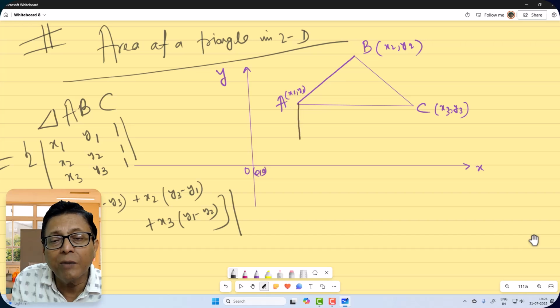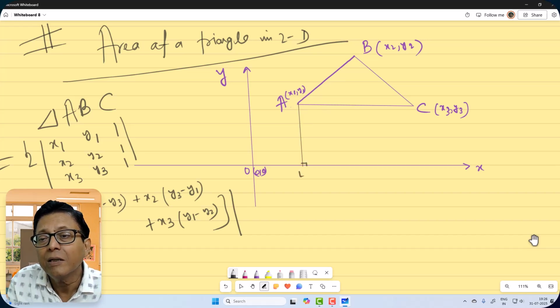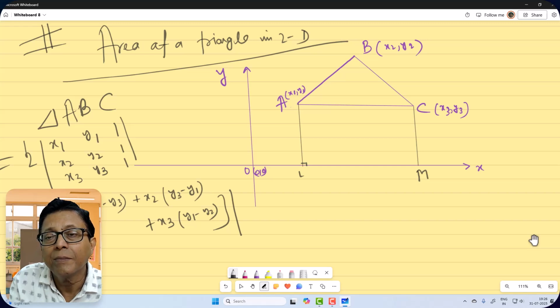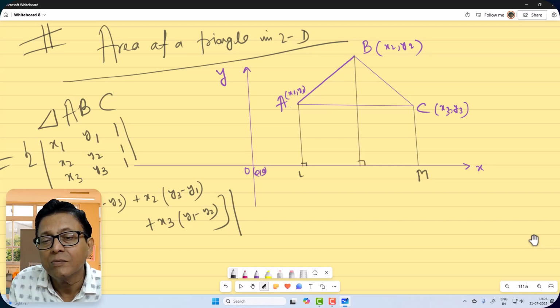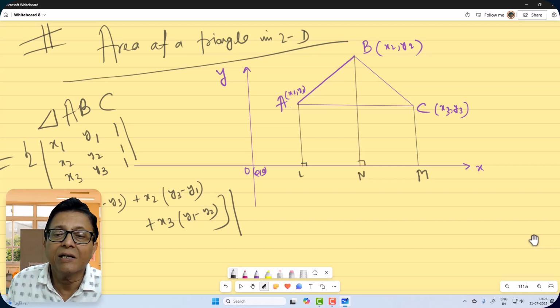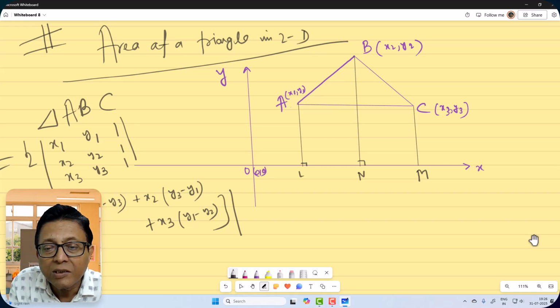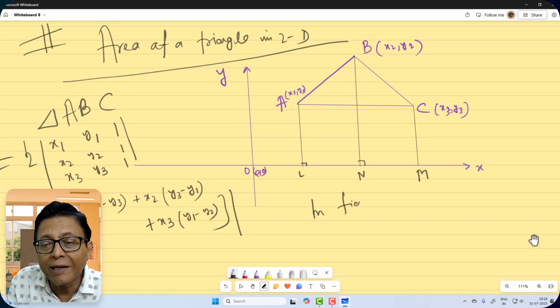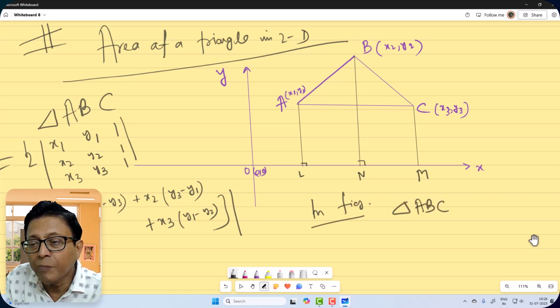From here, you draw a perpendicular AL, draw a perpendicular here, CM, and here also. This is N. Okay? These are all perpendiculars. So in the diagram, area of ABC is what?